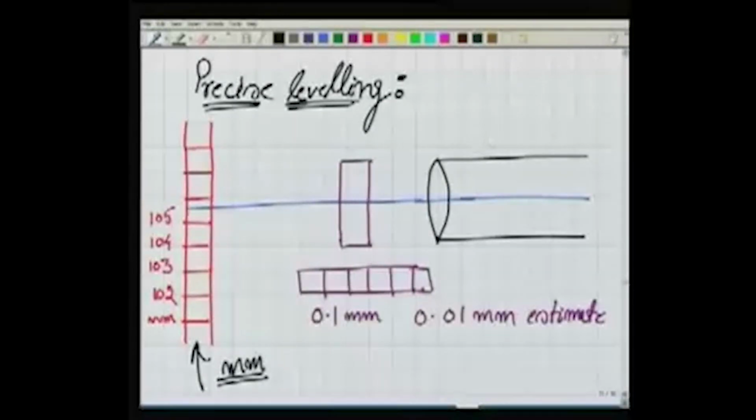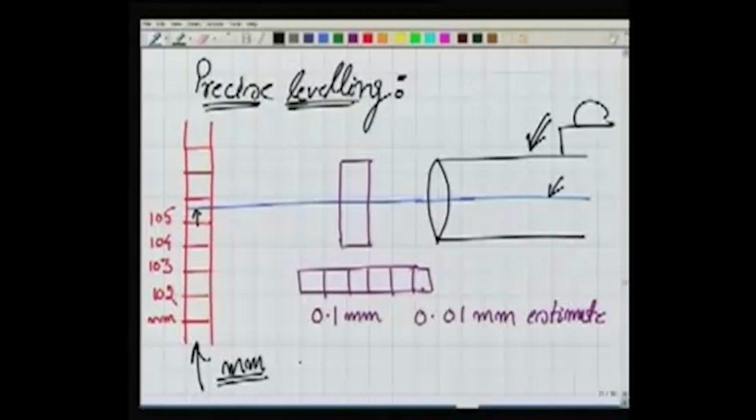We bisect the staff using the telescope of our level. The level is a simple level, an auto level. We bisect this staff by making the line of sight horizontal, so we are, for example, bisecting it here.